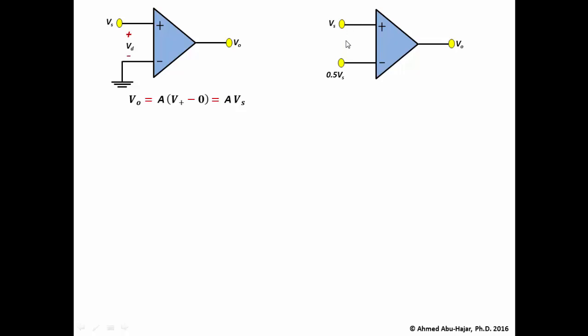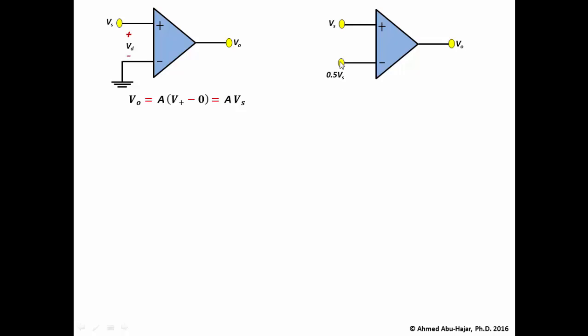But let's look at the second circuit. In the second circuit, I'm going to reduce the effect of the input voltage. I'm going to negatively reduce the input voltage. So what I will do is come to the inverting input and add some value to it.